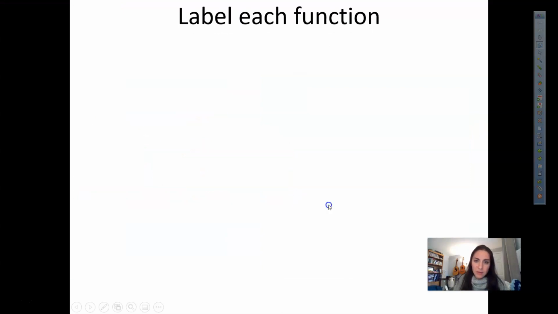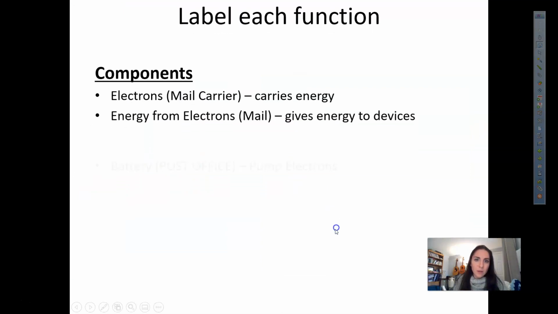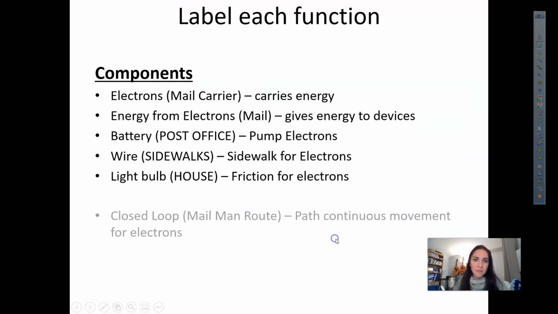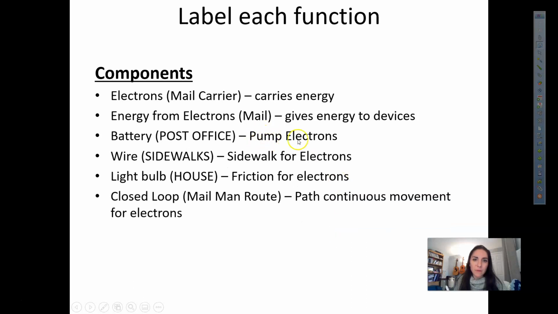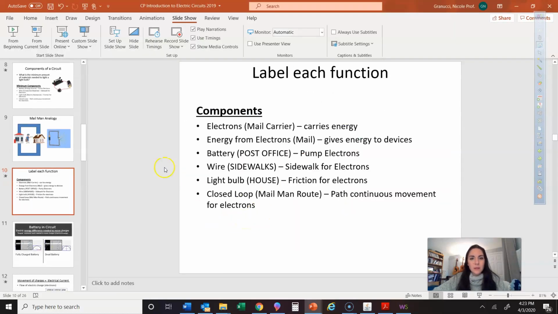So I kind of spelled it out for you here. And again, I don't like the word pump for electrons. I'm going to fix this live on the spot here. So the electron carries the energy. The mailman delivers the energy. The post office provides energy.